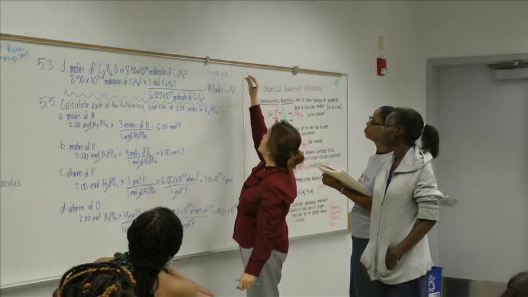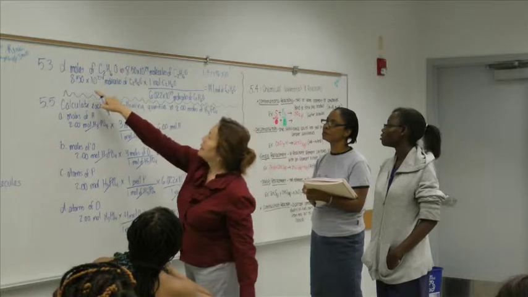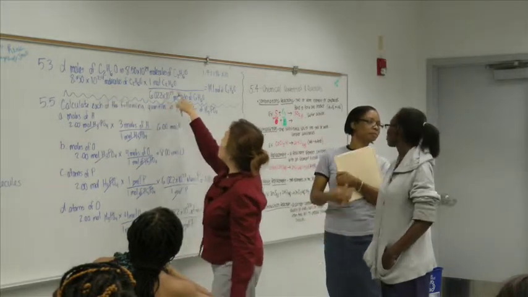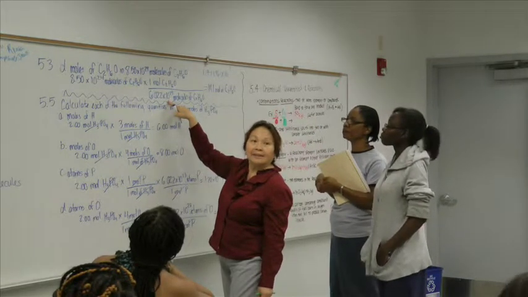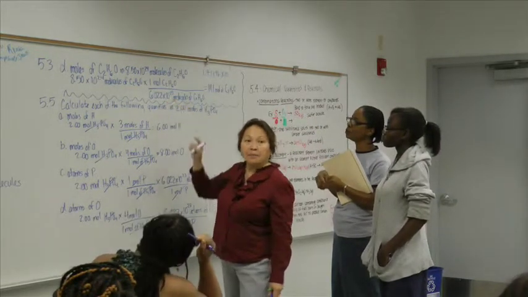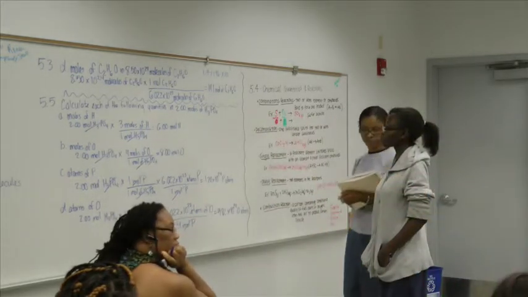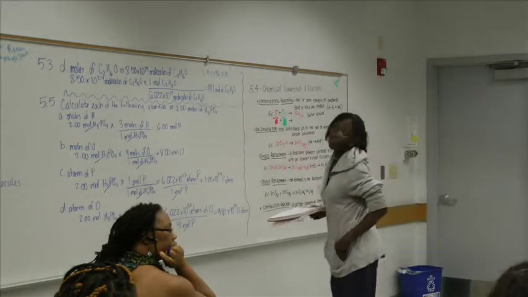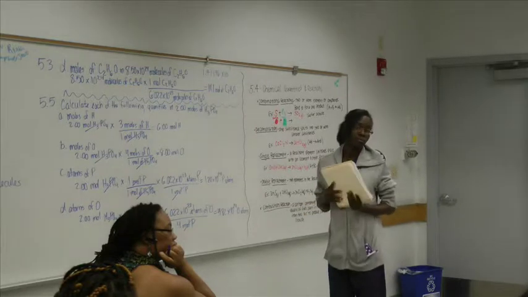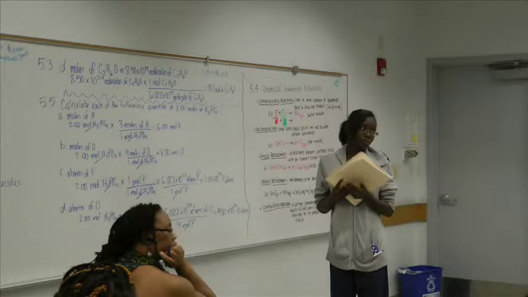But it's 8.5 times 10 to the 24 divided by 6.02 times 10 to the 23rd. Oh, yeah, you're right. Wrong entry. It cannot be 47. That's got to be wrong.